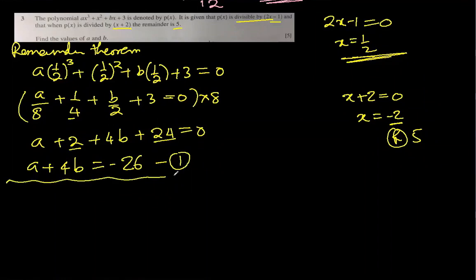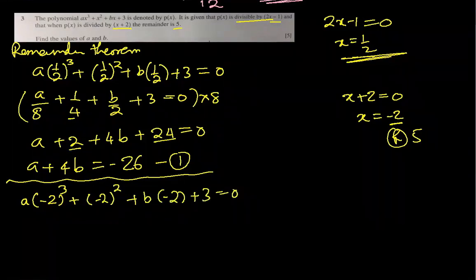Let's talk about the other one, which is not a root, but we'll substitute it similarly. A times minus 2 cube plus minus 2 square plus b times minus 2 plus 3 not equal to 0, it is equal to 5. The remainder is 5.